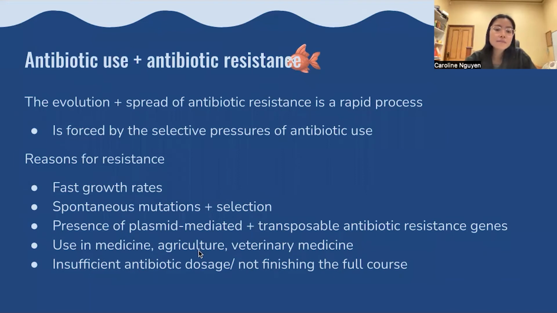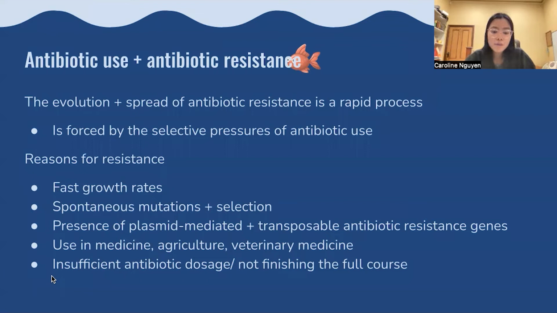And sometimes in practice, we have people who can't afford to buy the full course of antibiotics. So they have an infection, but then they only take antibiotics for half of the time they're supposed to. That means that without taking the full course, you can't eradicate your entire infection, which leads you to only destroy the weak bacteria, but leave the strong ones.